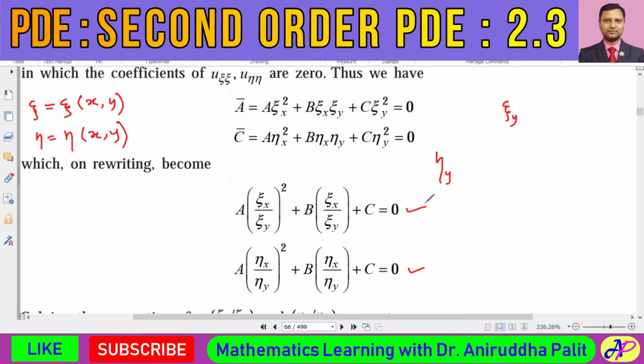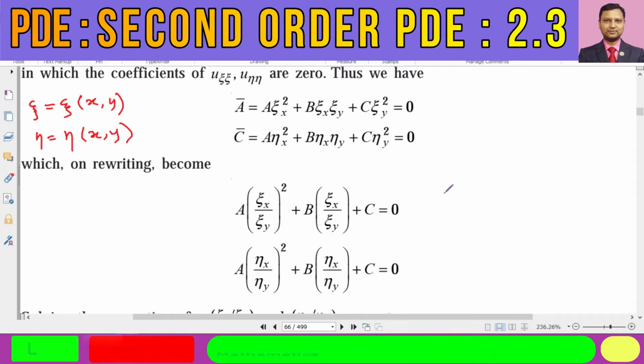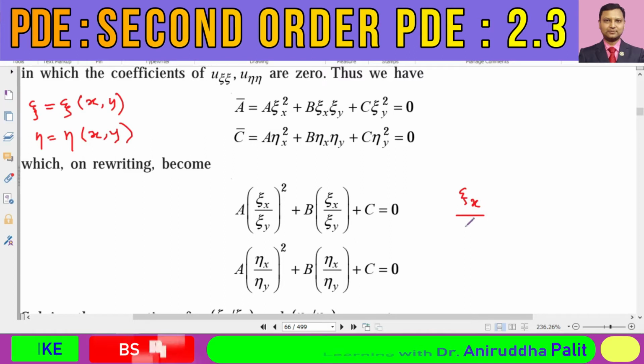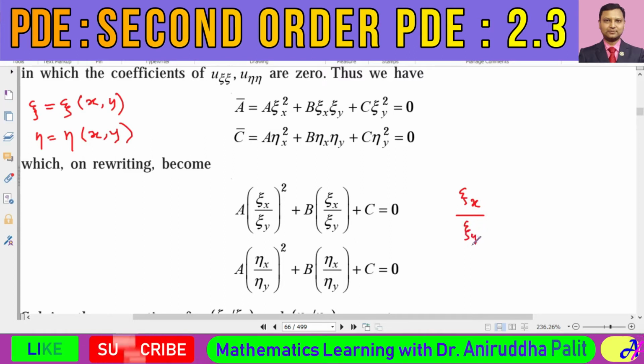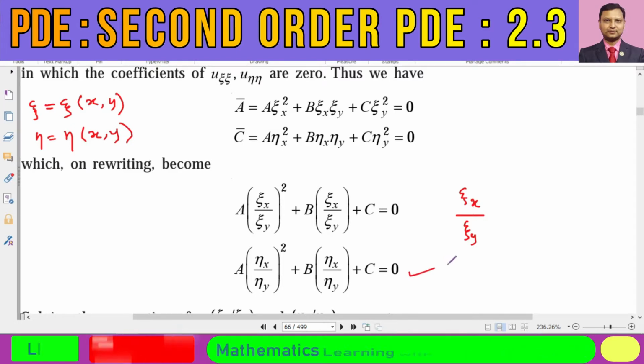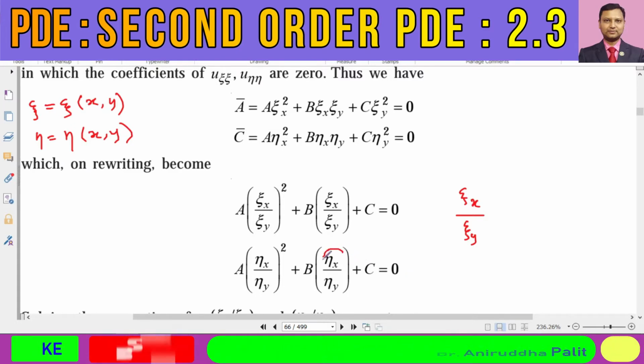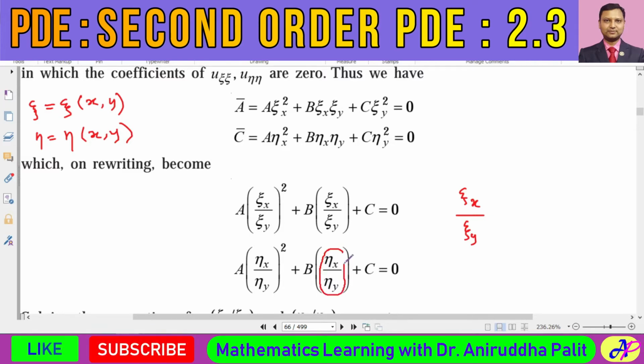So if we solve this relation, we would get two different values of xi x divided by xi y. Similarly, if we solve this second relation, we will have two different expressions of eta x by eta y.